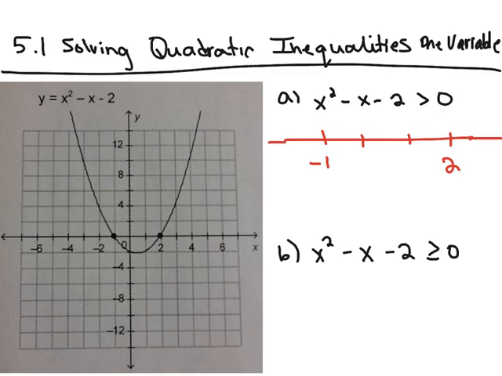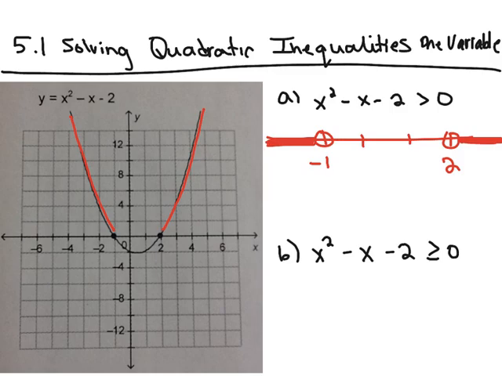Now we want to find the answer greater than 0. So we want to find all the values above 0. So we know it's going to be not including -1 and 2, but above them. So this would be our number line for our first values.